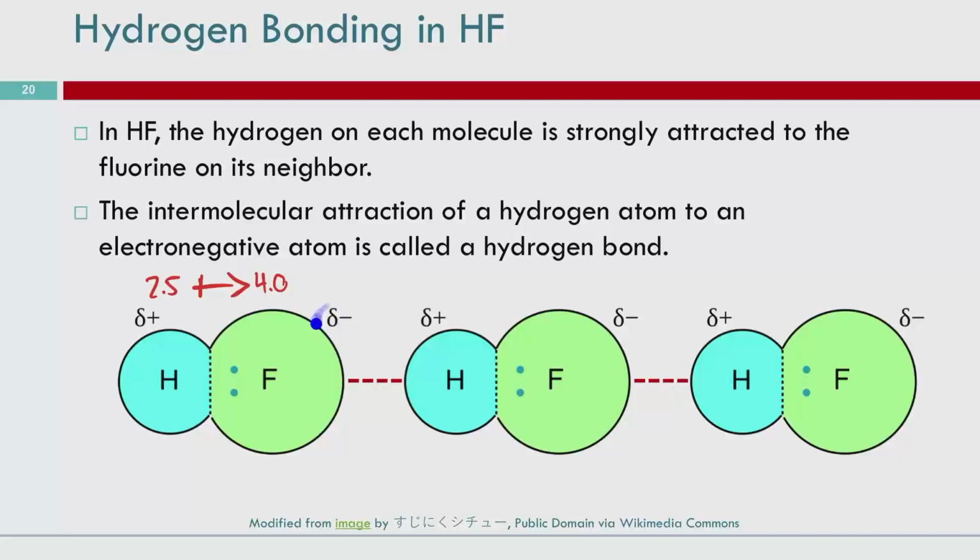That's why we've got the lowercase delta here. That means that we've got a permanent dipole, the negative side being the fluorine, the positive side being the hydrogen, and we can get extra attractive strength. These are like really strong magnets that we're putting next to each other, so they're going to stick together better. And the dotted dashed lines are the hydrogen bonds.